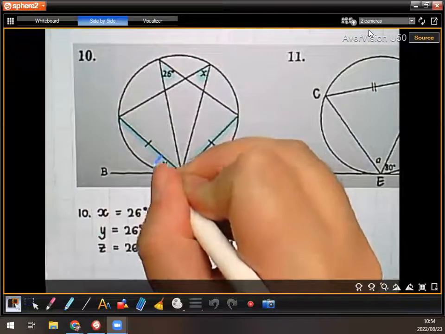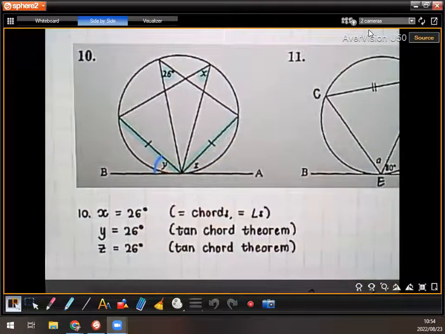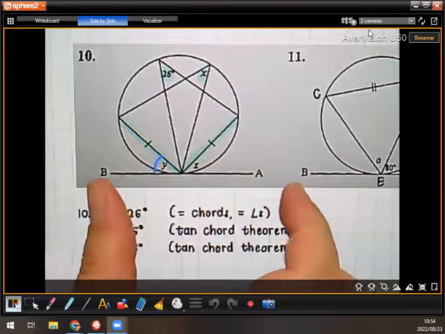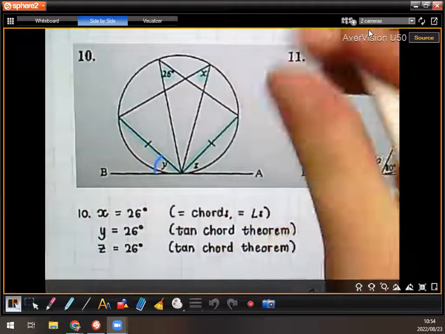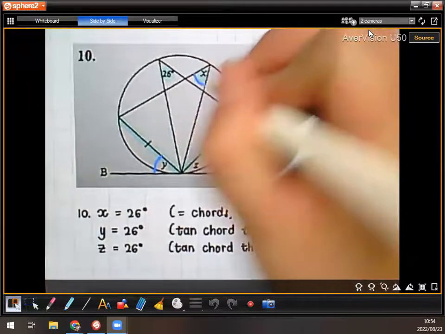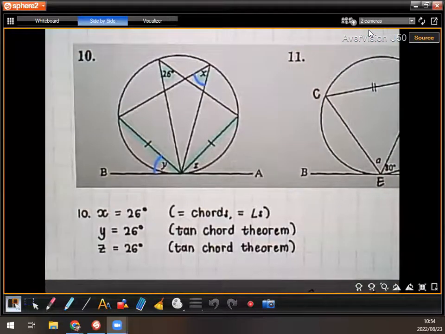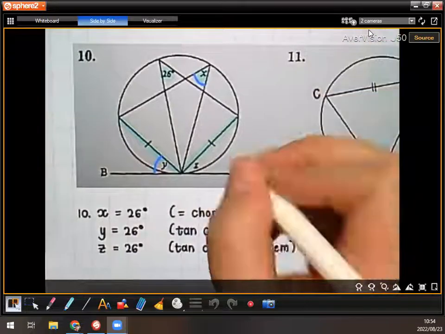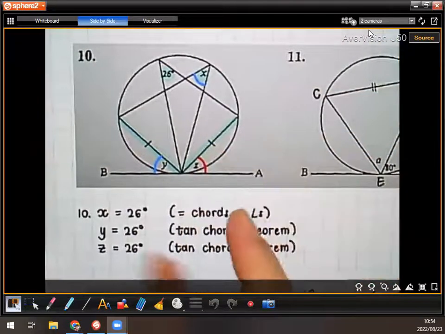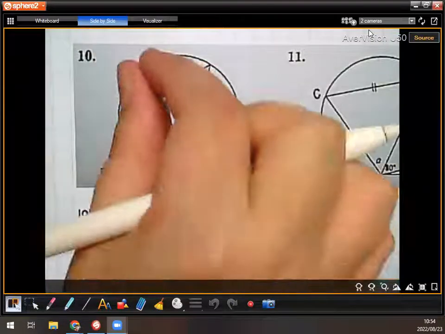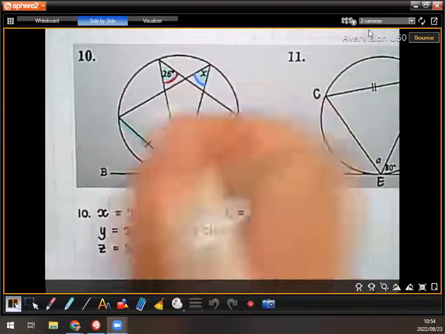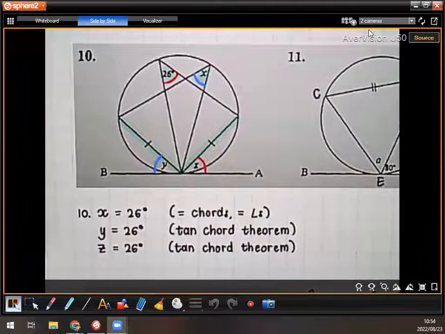So y is the angle between this tangent and this chord that subtends x, which we said was 26, right? So y is 26 degrees. And then if you're looking at z, which is on this side, z is between the tangent and this chord that subtends that 26-degree angle as well. And so y and z will both equal 26.